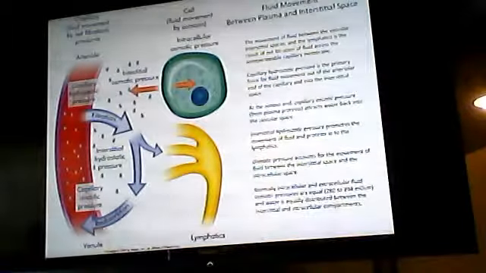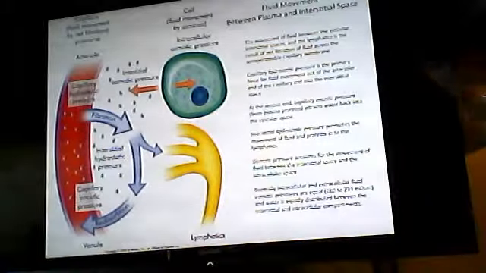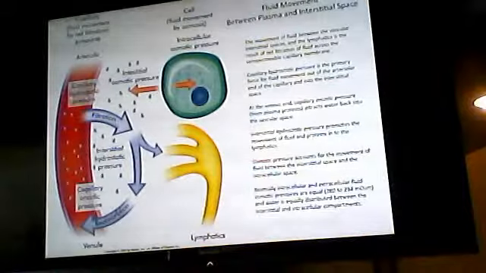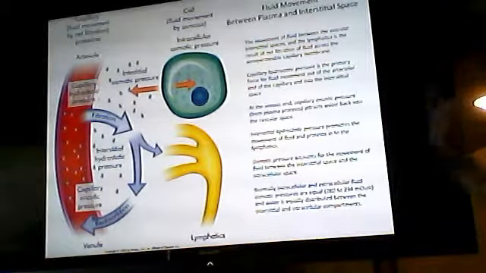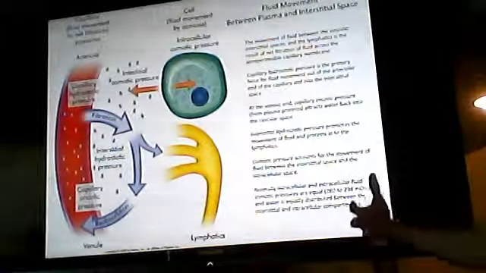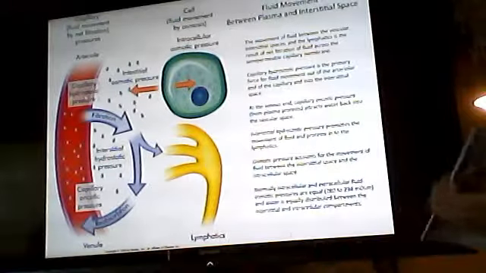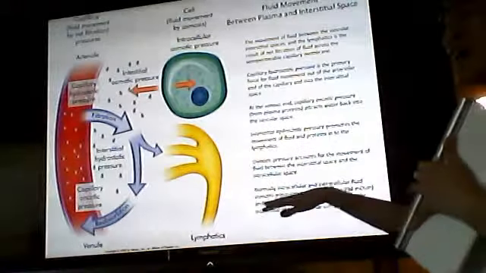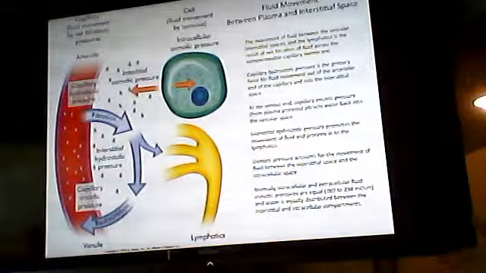At the arterial end of your blood vessel, for example capillaries, you push out fluid because the hydrostatic pressure is greater than the oncotic pull of your tissue area. Then on the venule side, you want to pull fluid back in, so you have a higher oncotic pressure than hydrostatic pressure at that end. And any excess drains out to the lymphatic system, okay?